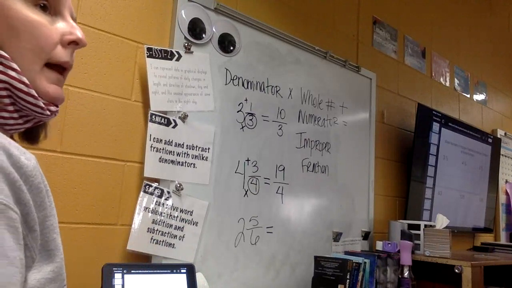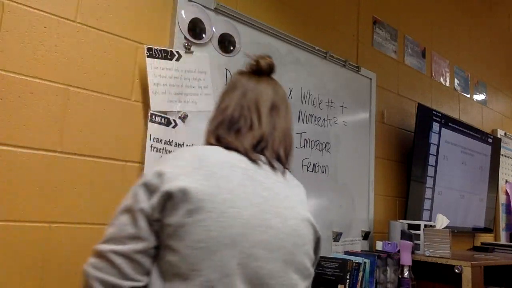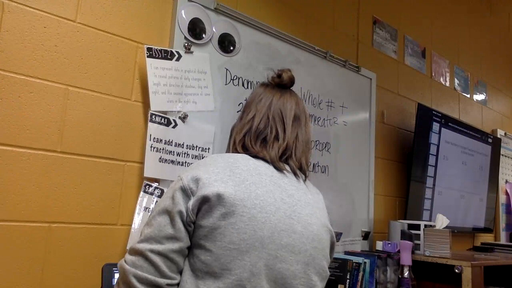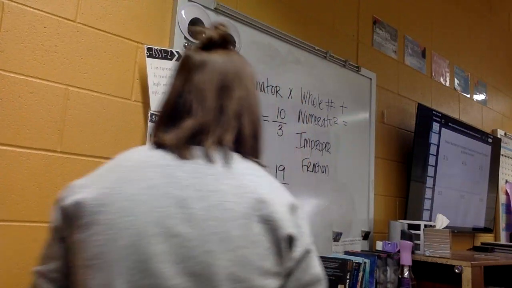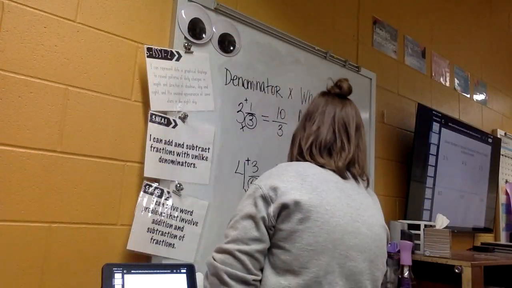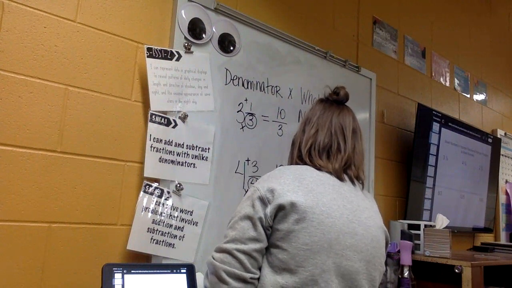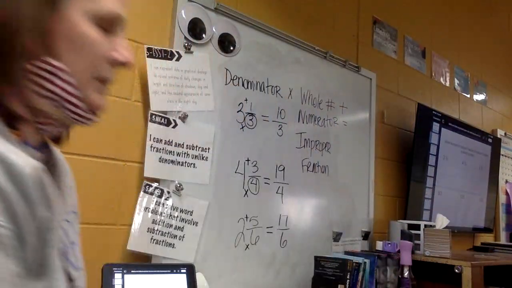Then what do I do? Then you add your numerator to your 12, and then you get 17. 17 what? 17/6.